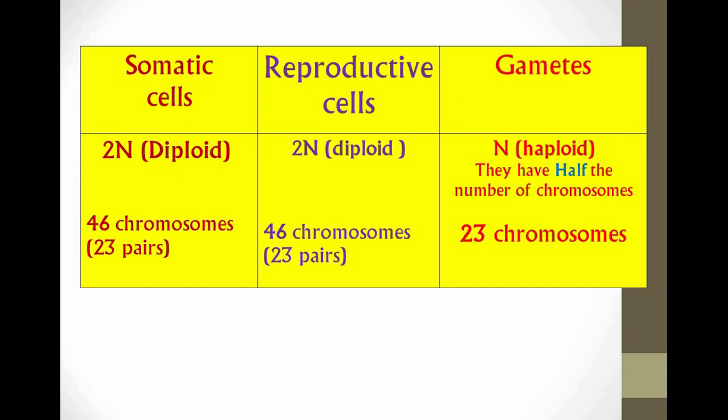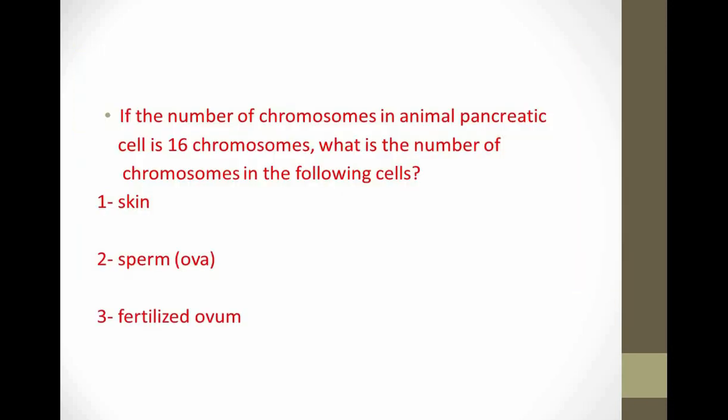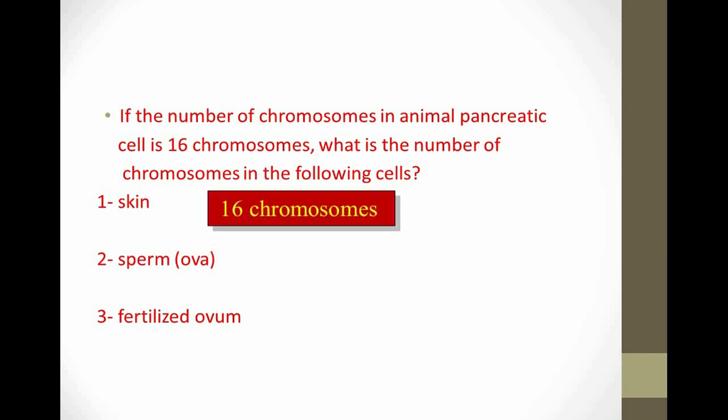Okay, we have a problem. If the number of chromosomes in an animal pancreatic cell is 16 chromosomes, what is the number of chromosomes in the following cells? Number 1, skin. Skin is also somatic like pancreatic, so it contains 16 chromosomes. Number 2, sperm or ova. Sperm or ova are called gametes.